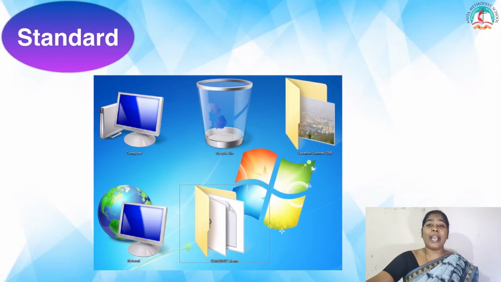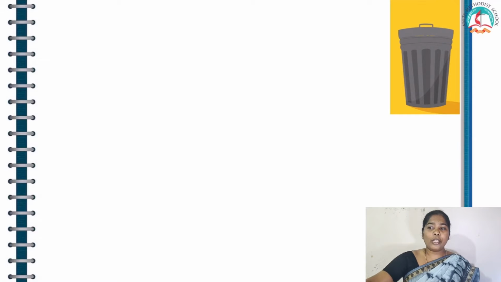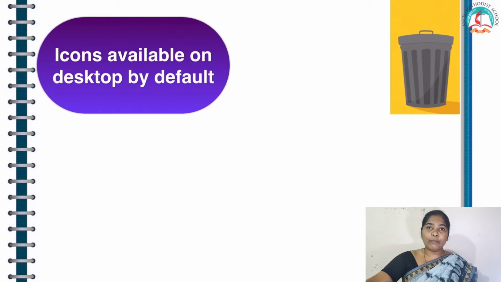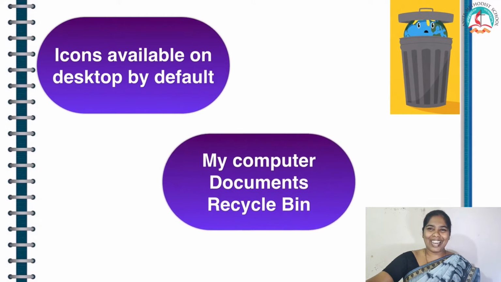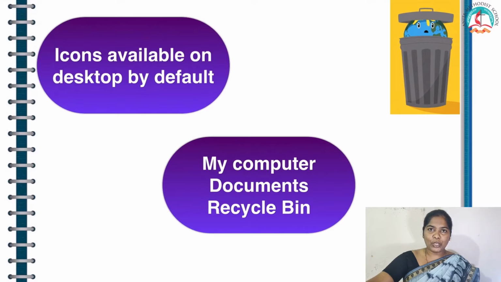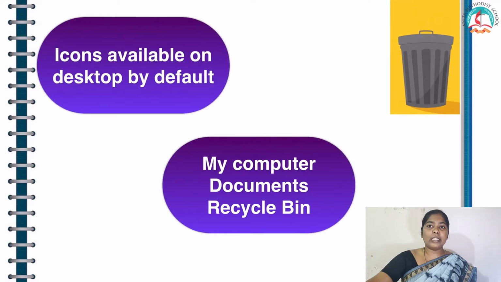Yes, standard means the applications that are on the desktop by default are called standard icons. Especially we have My Computer, Recycle Bin, and My Documents. These are the three applications that will be available on the screen by default.